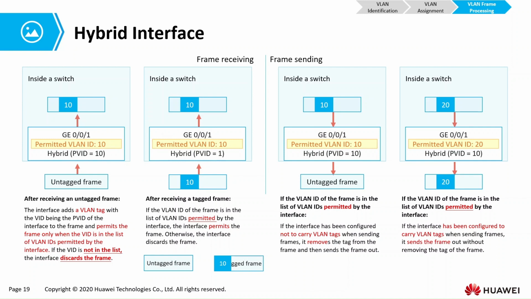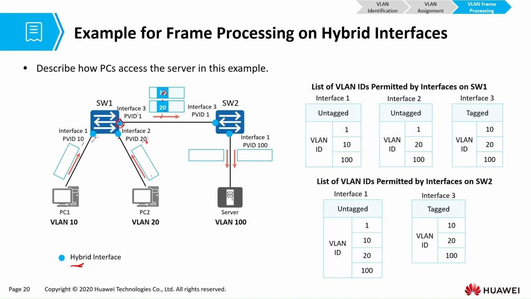And then here, they behave like a trunk. They check whether 10 and 20 are allowed to pass. You check on interface 3 of Switch 1: you allow 10 and 20 to pass, right? So they forward until Switch 2.